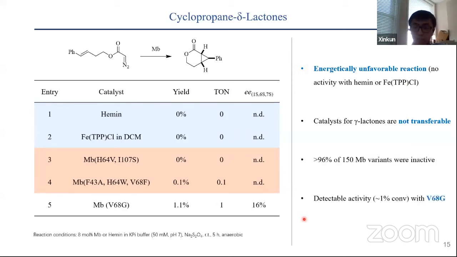We then screened more than 150 purified myoglobin variants and found the majority of them were inactive. So these results were very disappointing. But when we look at the results from a different angle, there were at least 6 variants showing around 1% detectable activities. And interestingly, they feature a common mutation, which is the V68G, suggesting that this space-creating mutation might be necessary.